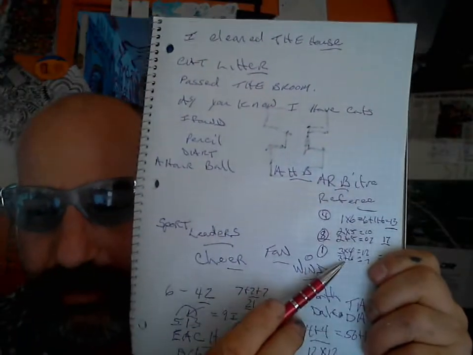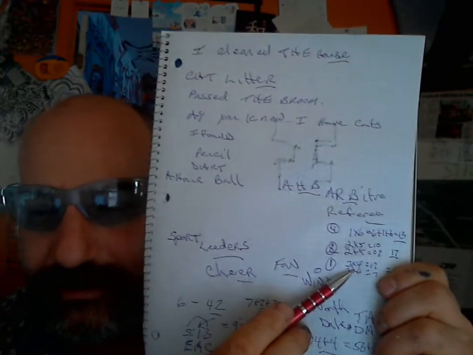This equals 10. This equals 7. This equals 17. This equals 8. And then you're going to have 3 times 4. 3 plus 4 equals 12, equals 7, equals 19, equals 1.